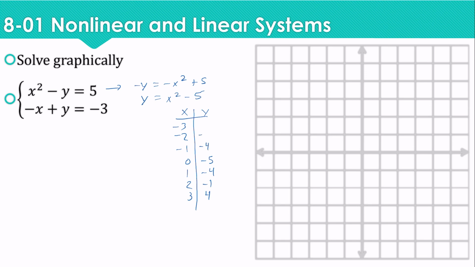And the other way, symmetric. So I have 0, negative 5. I have 1, negative 4, 2, negative 1, 3, 4. And it's symmetric the other way also. So draw a nice parabola.